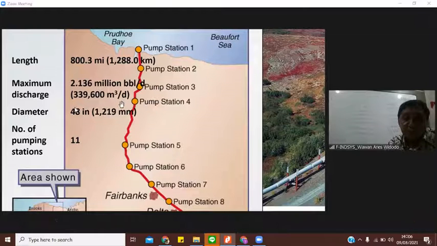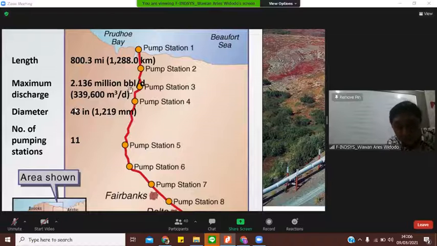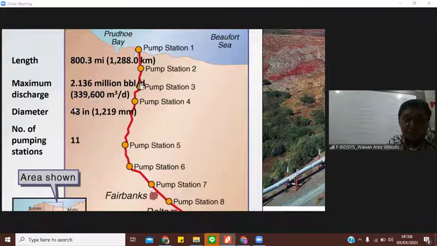You can imagine, 339,600 cubic meters per day. BBL here is equal to barrel, barrels per day.